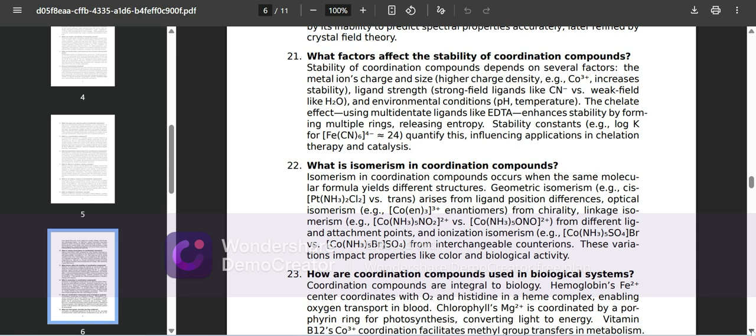What factors affect the stability of coordination compounds? Stability depends on several factors. The metal ion's charge and size: higher charge density, for example Co3+, increases stability. Ligand strength: strong field ligands like CN- versus weak field ligands like H2O. And environmental conditions like temperature.